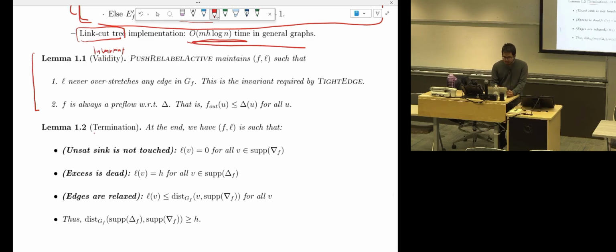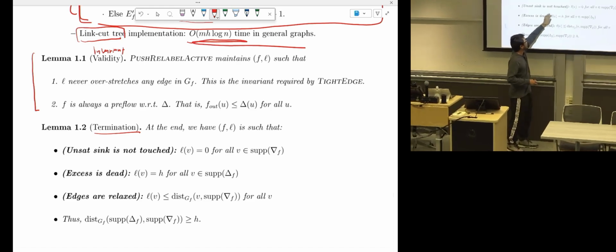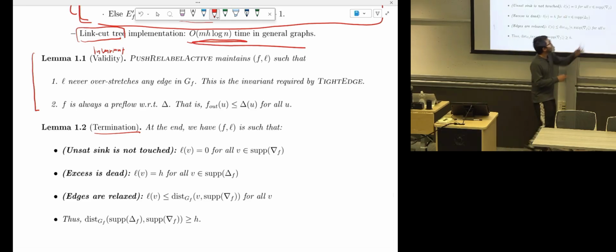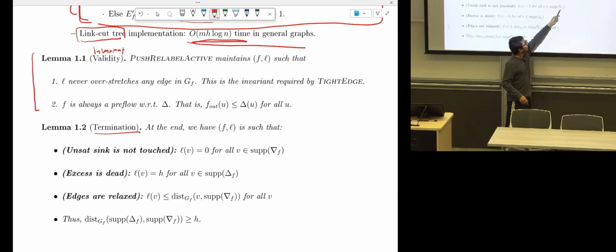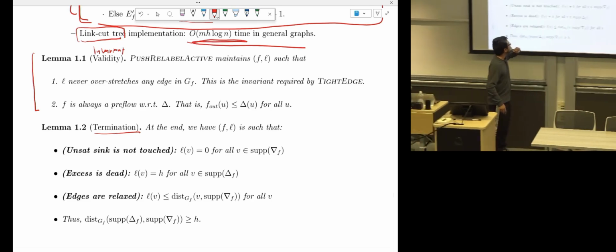And at termination, what do we have? All the unsaturated sink is basically not touched. It's never relabeled. It stays at level 0. A node in the support of unsaturated sink has level 0.